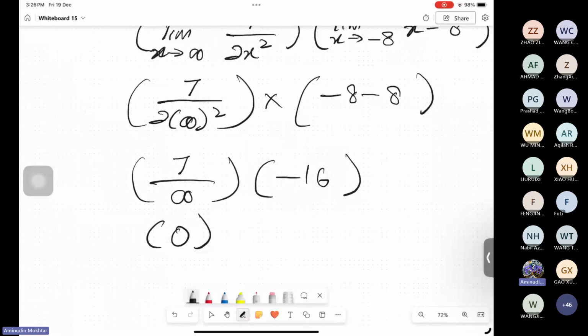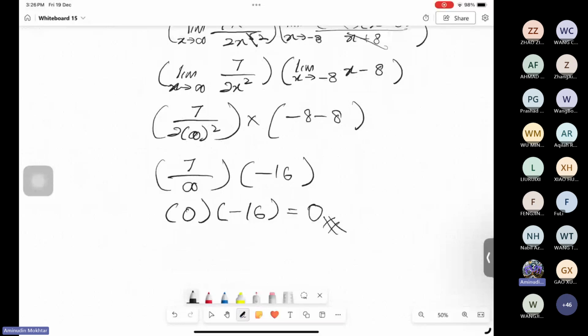One number divided by one large number: the answer is 0. 7 is a constant number. When a constant number is divided by one large number, for example infinity, which refers to a big number, the answer is 0, and then 0 times negative 16. The answer is 0. Okay, that's how to find the limit.